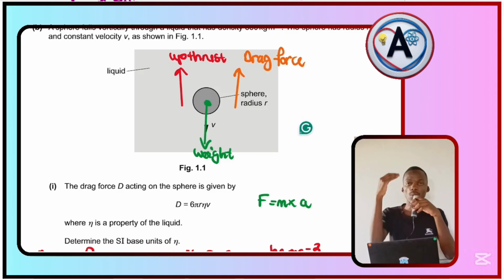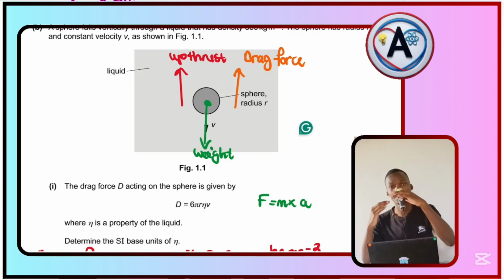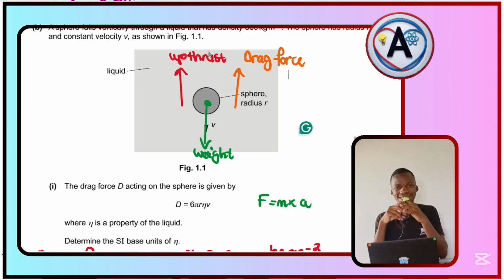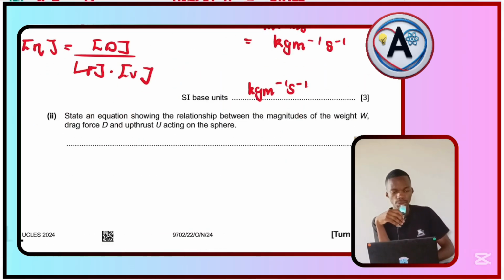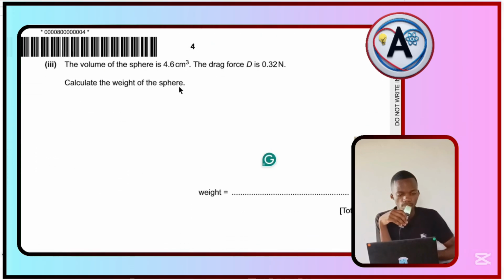Now we can see that my weight will be equal to my upthrust plus my drag force. So the three forces are acting in different directions. Two are acting up and one is acting down. So what we're then going to do is basically say my weight, W, is equal to upthrust plus the drag force, right? Okay. Next question.